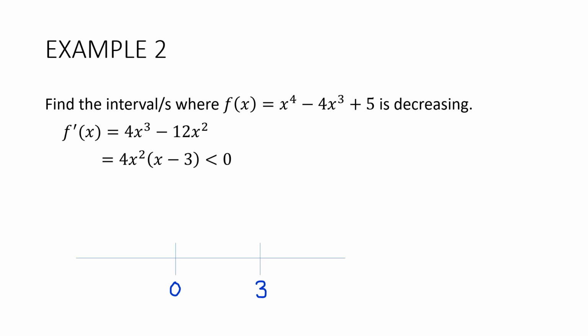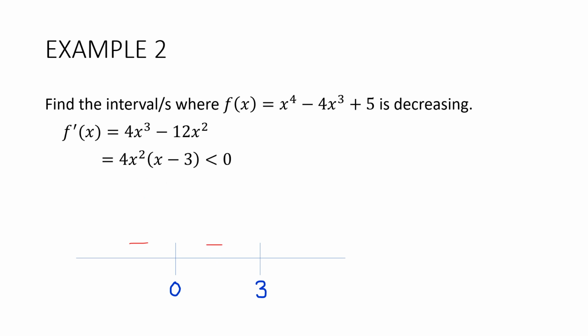Let's test a point here, negative 1. Now remember, you don't need to work all of this out. You can just substitute the negative 1 in there and decide if this is positive or negative. So that's positive, and put the negative 1 in here, we get a negative. So positive times a negative is a negative. Now let's test x is equal to 1. We have a positive times a negative, which is also a negative.